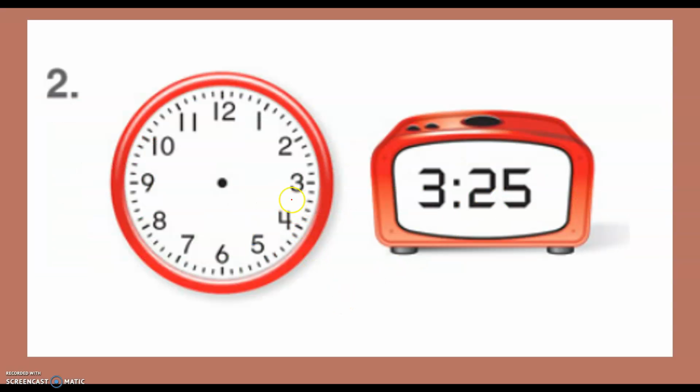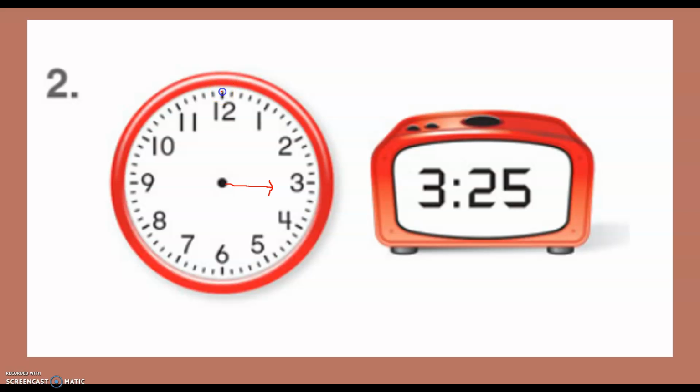Let's try one together. So this is number 2 from your book. It's 3:25. That means my hour hand will point where? If you said to the 3 or slightly past the 3, you're correct. Now let's talk about that minute hand.